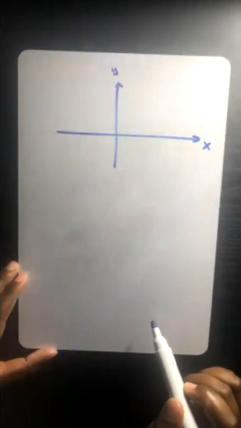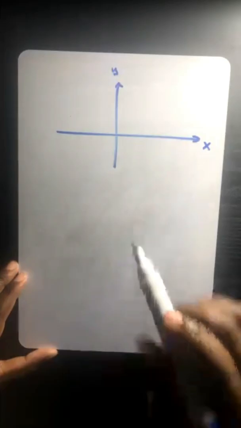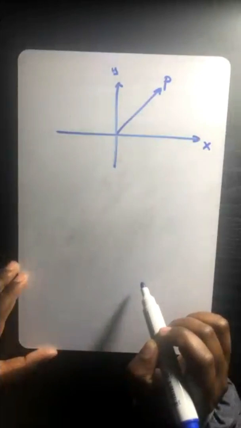Okay, 100%. So remember, guys, we've got the y and the x axis. Always when a force is applied at an angle, in this case let's say force P is applied at that angle, that angle formed there is 10 degrees.